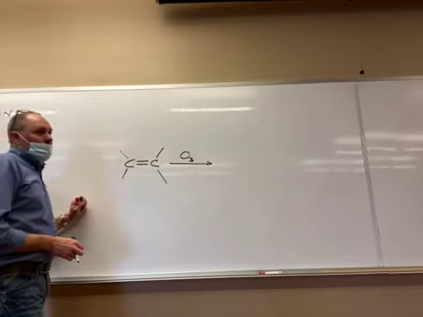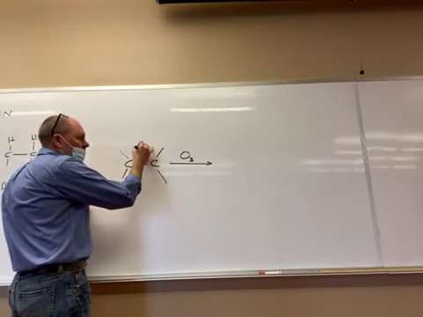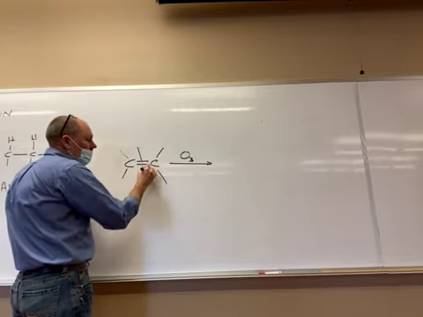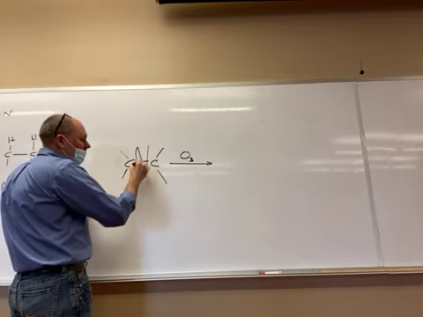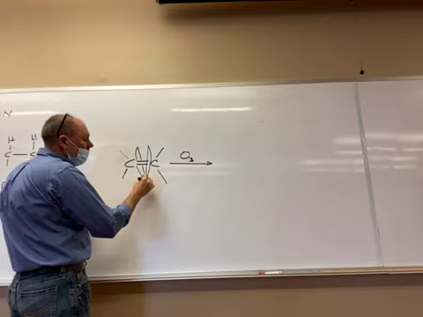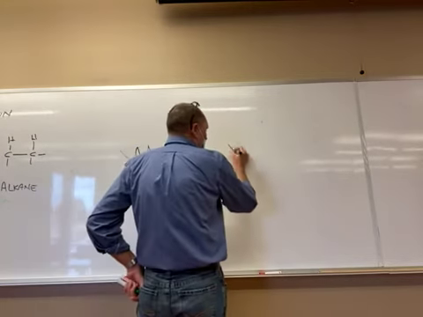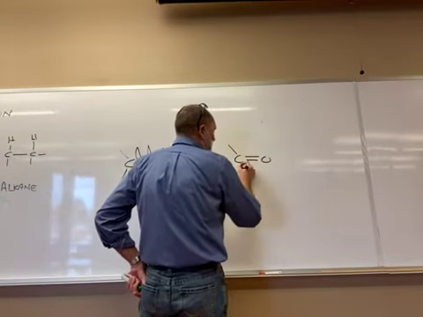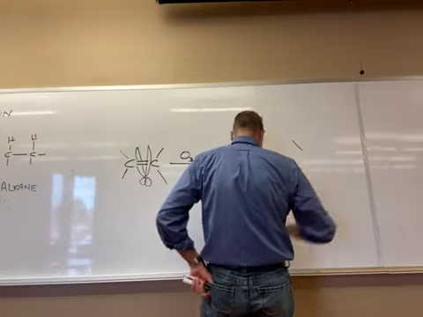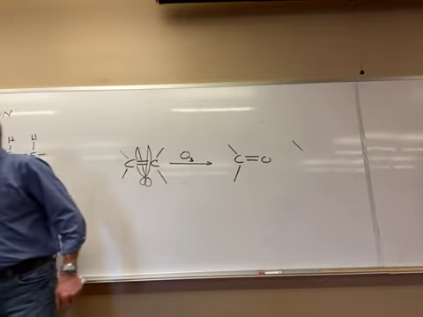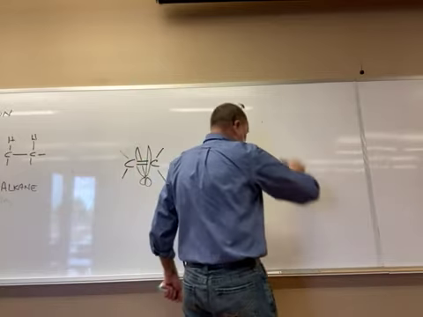What ozone does is ozone is a pair of scissors right here. It cuts that bond. It's really cool. So I could take an alkene and I can cut it right in half.